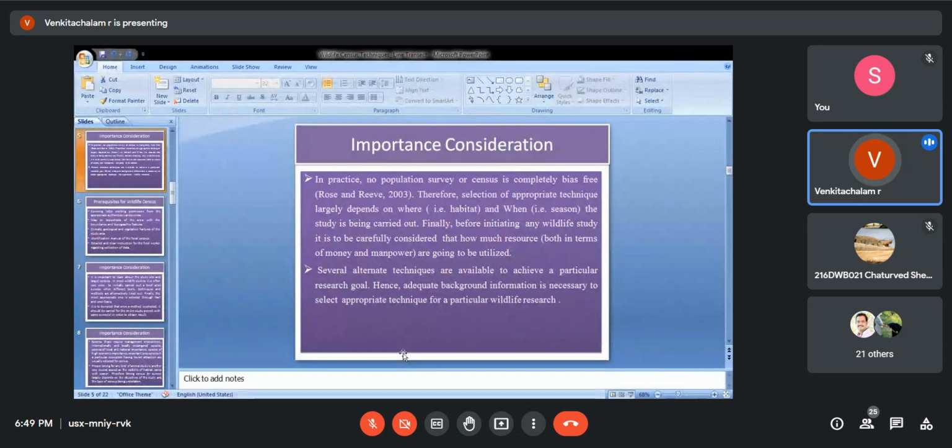For this, we have to do a pre-visit to the study areas. Without doing a pre-visit, it is very difficult to say whether a particular species is found in a particular area or not. And a literature survey is very, very important before going to do a census. Only then can we know whether this particular species was present earlier.